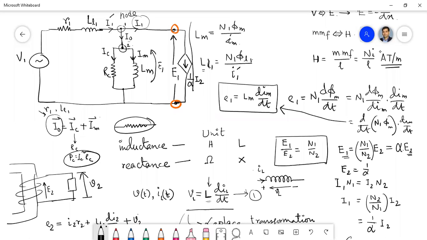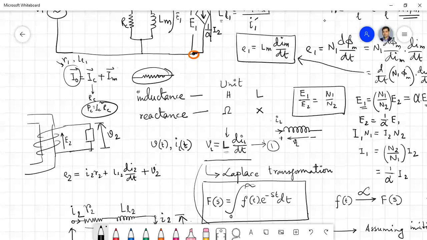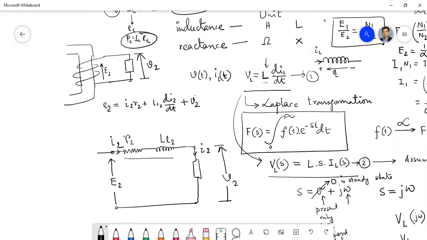E2 is 1 by alpha E1. So that we can write over here. So that means here we have a voltage controlled voltage source. E2 is completely dependent on E1, so therefore it's a voltage controlled voltage source.